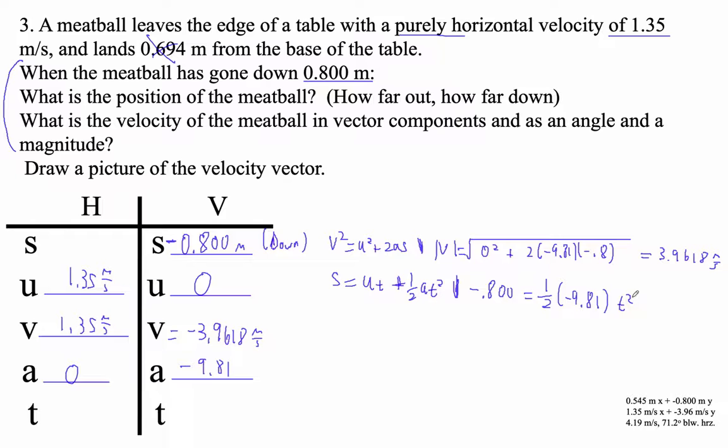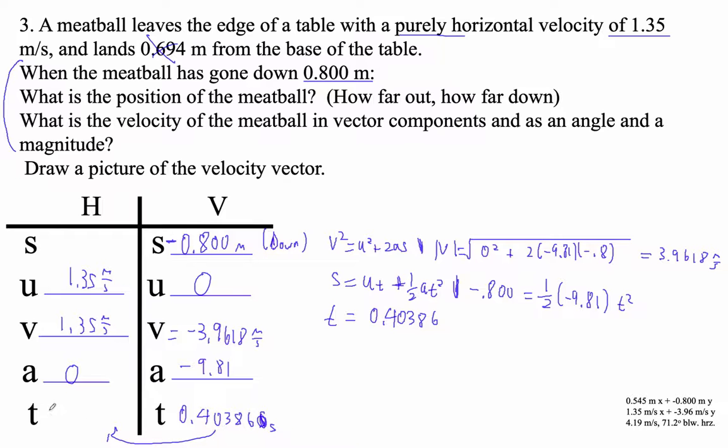Let's do this: 2 times 0.8 divided by 9.81. That's 0.40386 roughly, seconds.